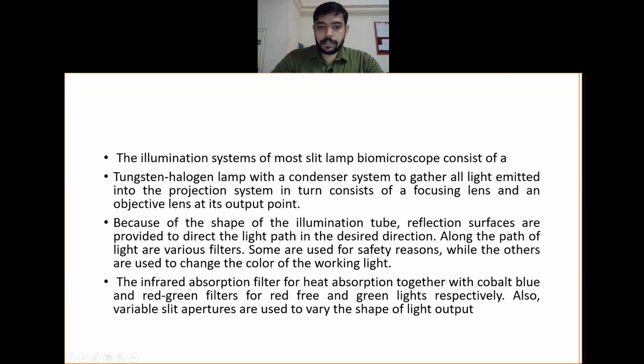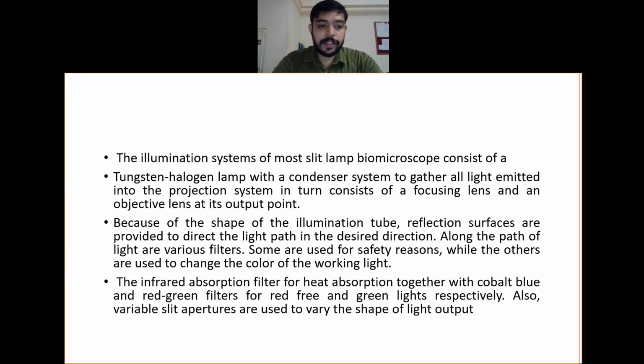The illumination system of most slit lamp biomicroscopes consists of a tungsten or halogen lamp with a condenser system to gather all light emitted into the projection system. This in turn consists of a focusing lens and an objective lens at its output point. Because of the shape of the illumination tube, reflection surfaces are provided to direct the light path in the desired direction.